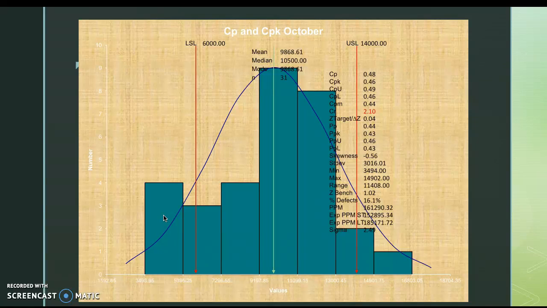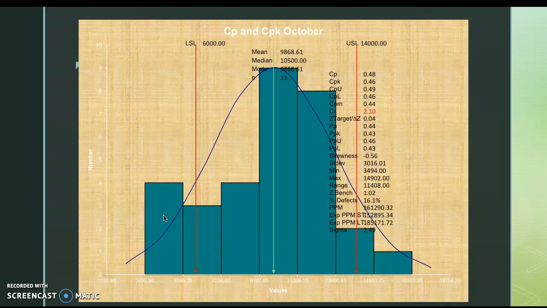I calculated CP and CPK based off those numbers, and the CP and CPK for October I got were 0.48 and 0.46, which means my process was not within my spec limits, and my process spread was greater than the specs, and that is why my process is not able to produce results within the spec limits.